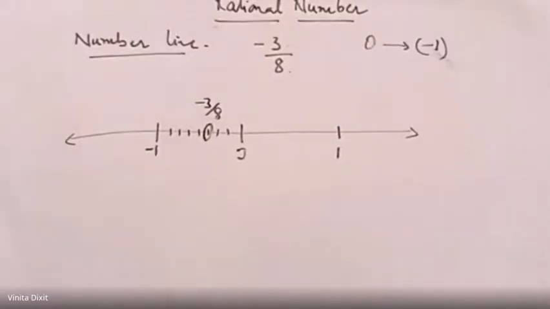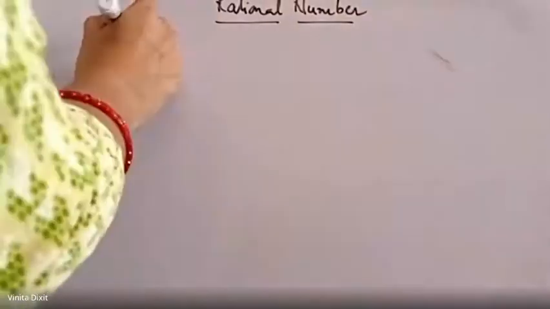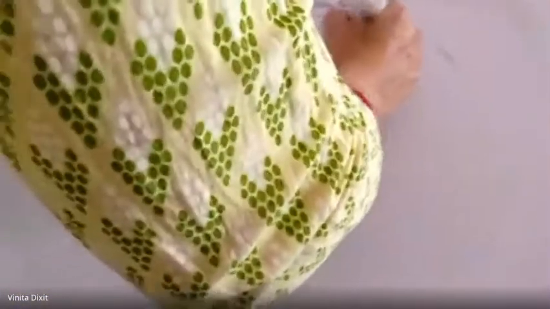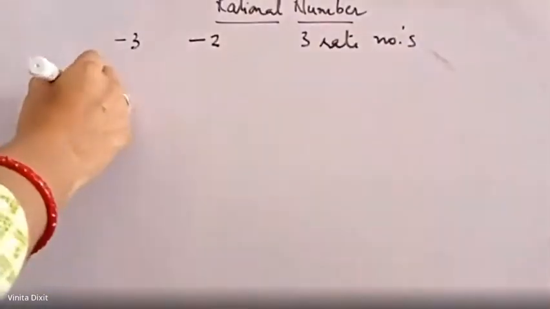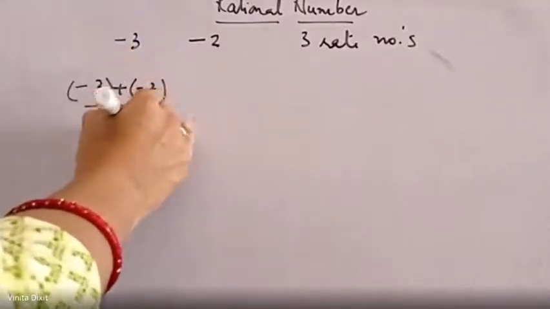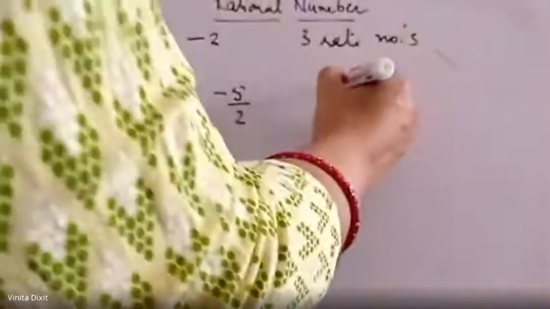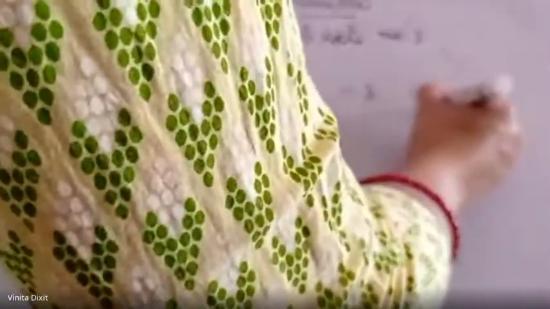Then you have finding rational numbers. Suppose you have to find out 3 rational numbers between minus 3 and minus 2. 3 rational numbers. So what do we do? We add the 2 numbers and divide by 2. This is minus 5 by 2. So you have inserted one number in between, minus 5 by 2.